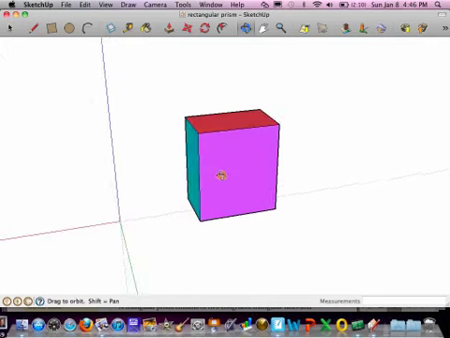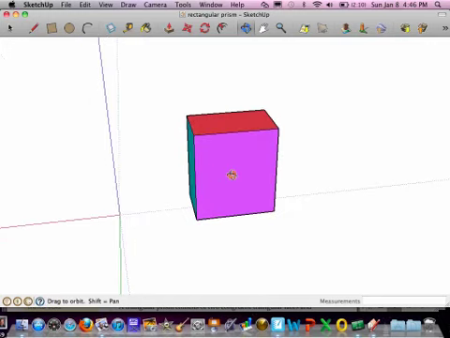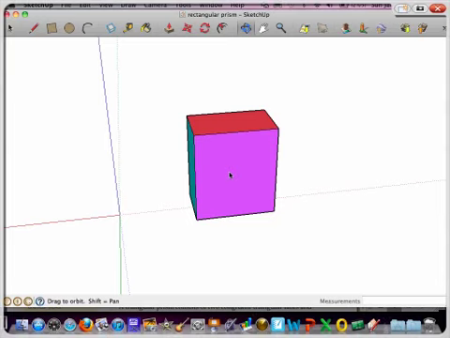Now, there's no relationship necessarily between those, but the opposite sides are always going to be exactly the same.